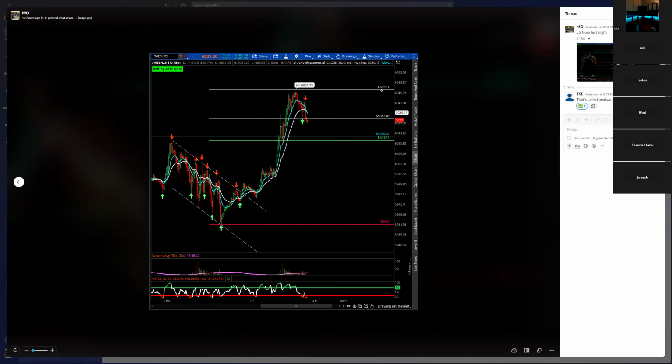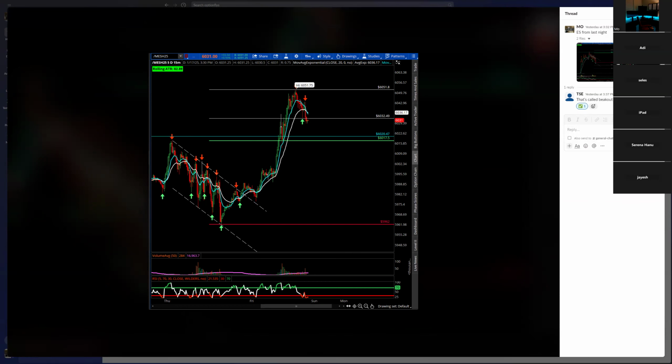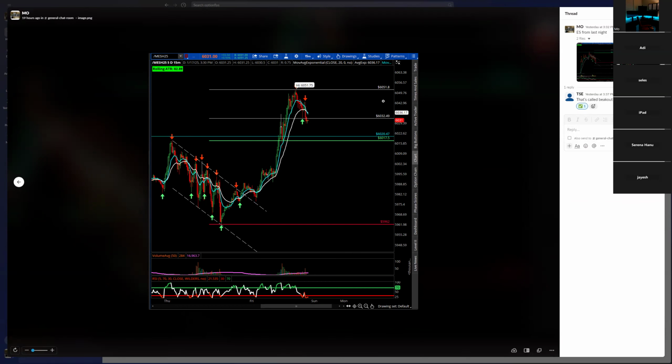Look at this one, 651.80. The high was 6051.75. That's what I say, you don't mess with my fibs. Just don't. Nobody mess with my fibs. They're just different swings that I run.